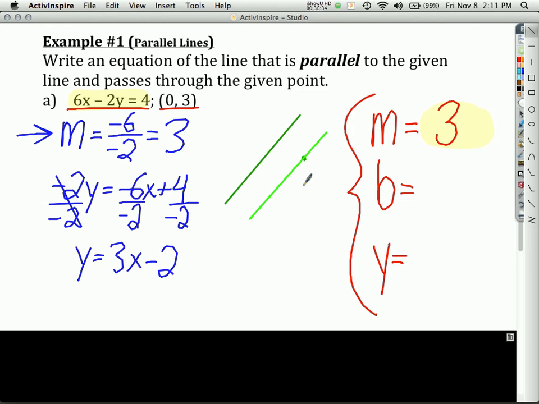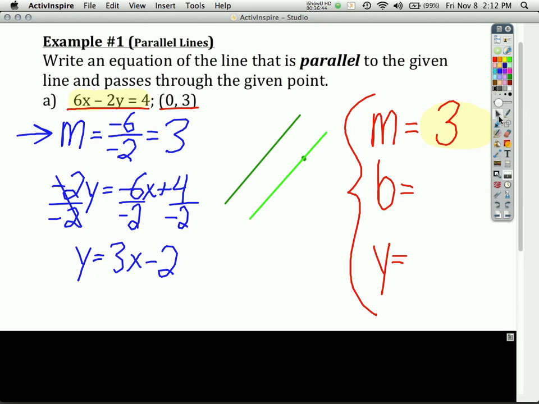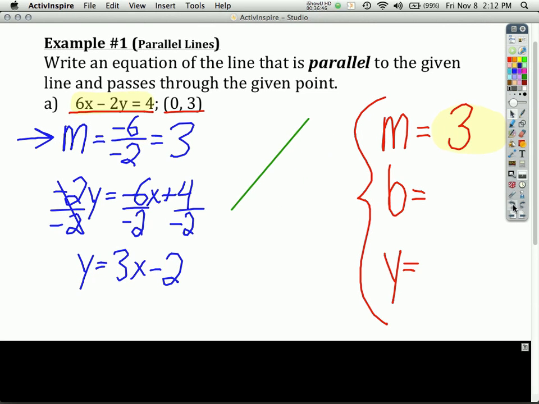This is what I'm trying to find. This is the y-intercept of this line. I'm trying to find the y-intercept of this line. So we have a number of things that we can do to find that. So what would you do to find that? The y-intercept.